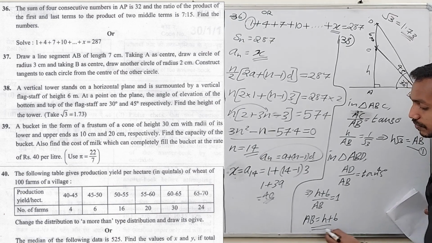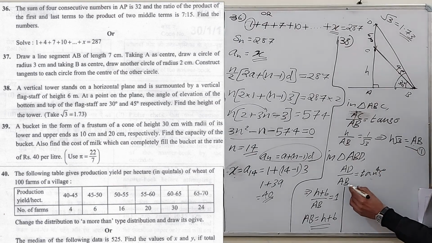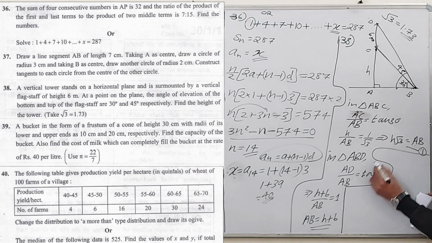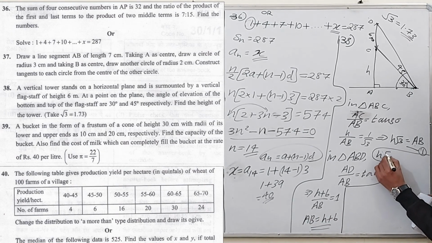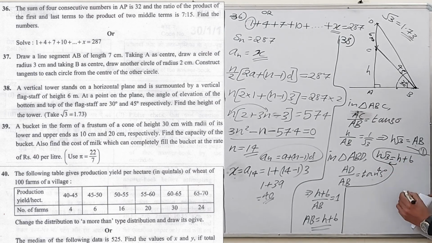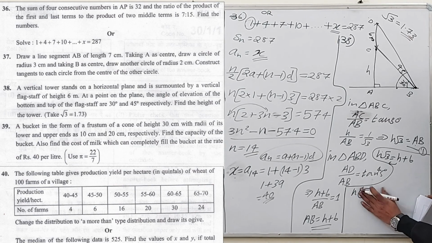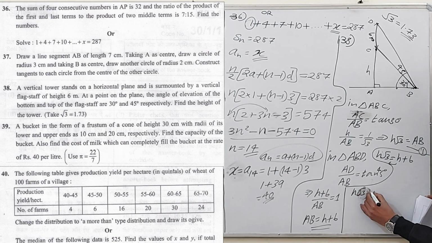Am I right? What is AB? Substituting the value of AB from the earlier equation, that is H root 3, we get H root 3 is equal to H plus 6. Write it separately: H root 3 minus H is equal to 6.